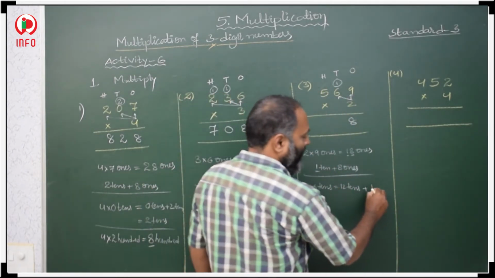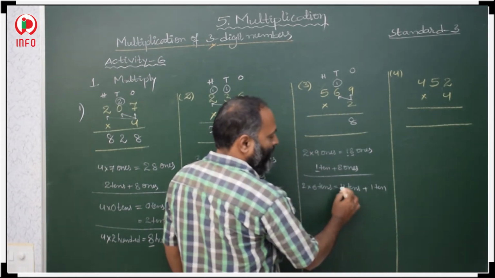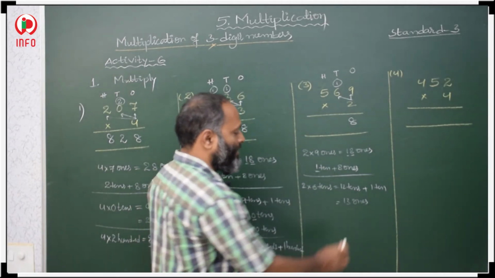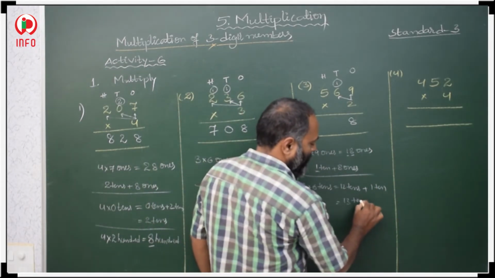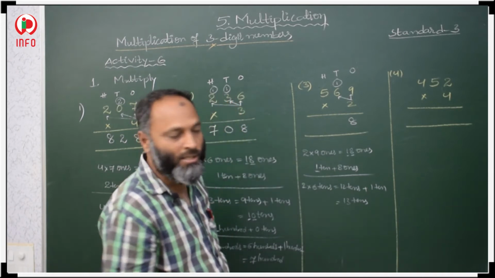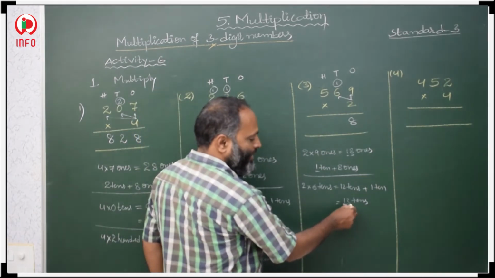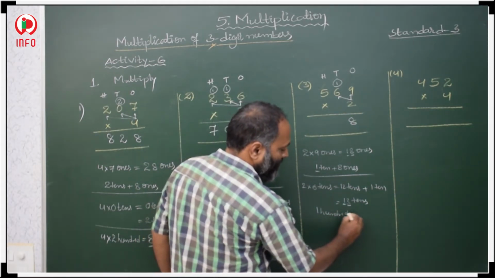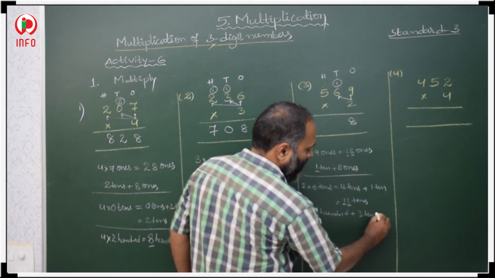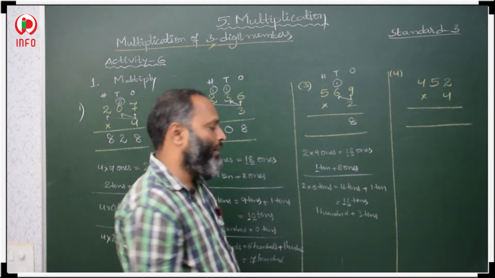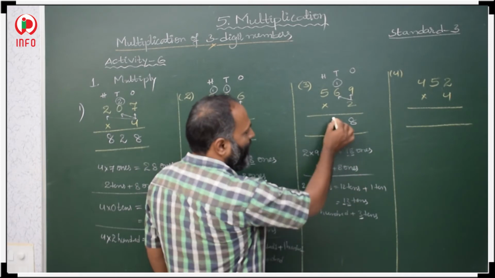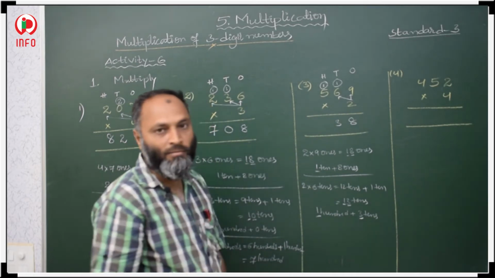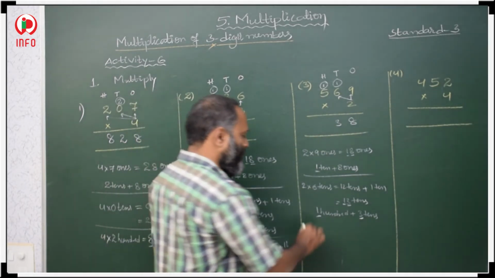So that 1 we have to add. 12 plus 1, 13 tens. 13 tens means 100 plus 3 tens. 3 we take in tens place and 1 we take as carry over to hundreds place. Then tens multiplication is over.